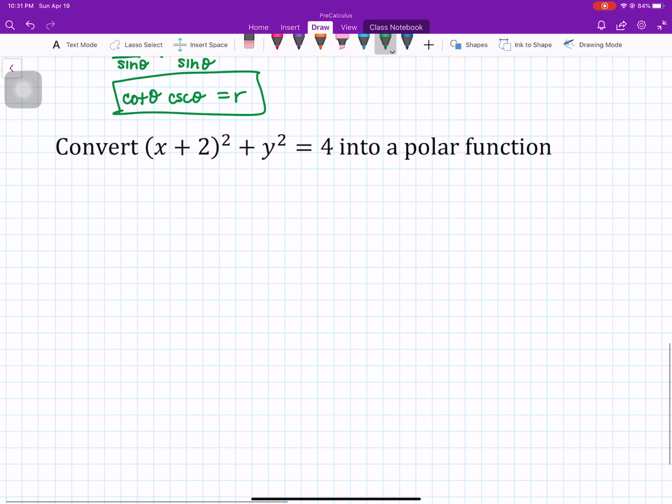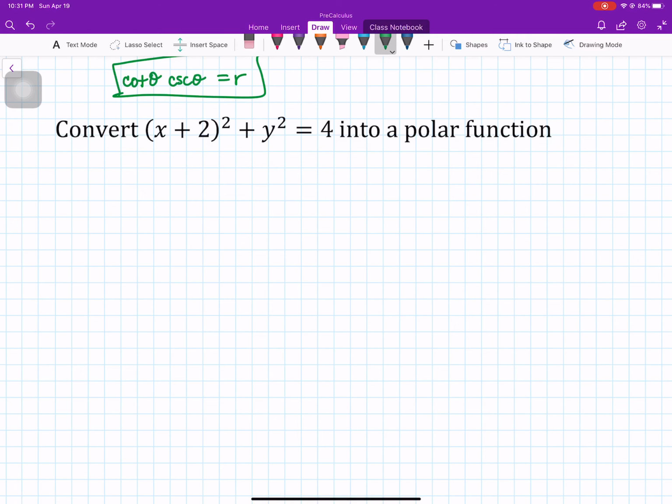Now this last one, pay close attention, because you're going to do some manipulating with the x's and y's part of this first before you substitute your sines and cosines. It's going to make life easier for you. So first, go ahead and multiply this out. So this would be x squared plus 2x plus 2x plus 4.